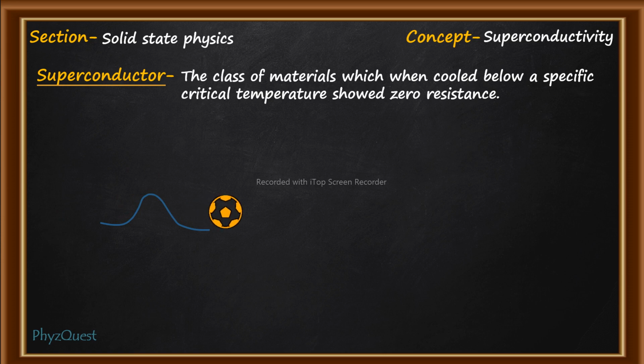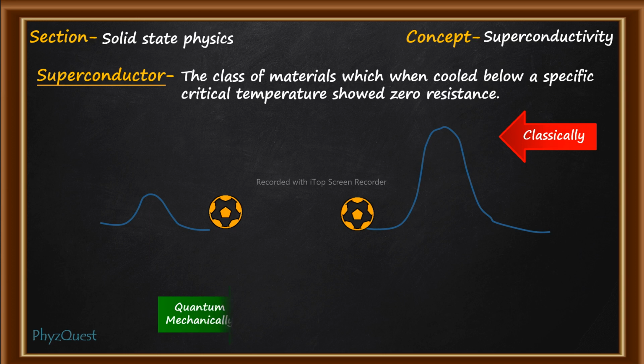But if the height of the hill is much higher, then the ball proceeds only part of the way up the hill and then returns back. It is not possible for the ball to pass over the hill in this scenario, and this is the classical situation.